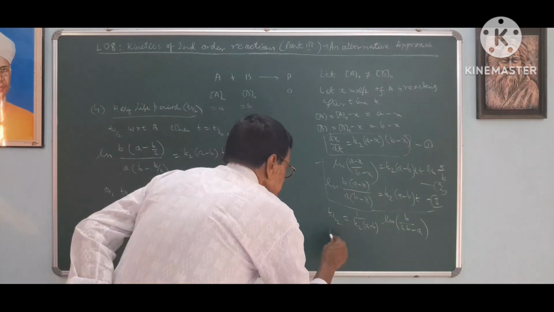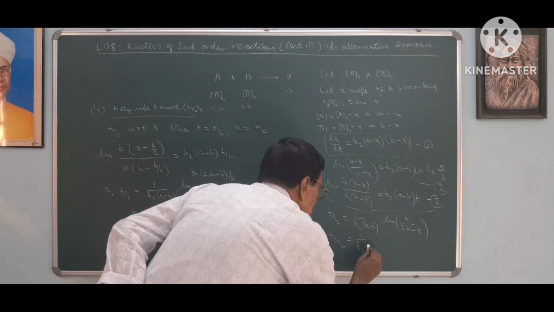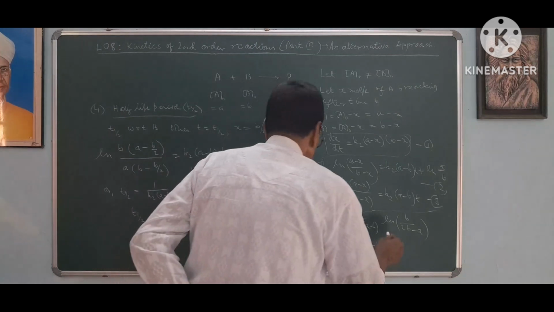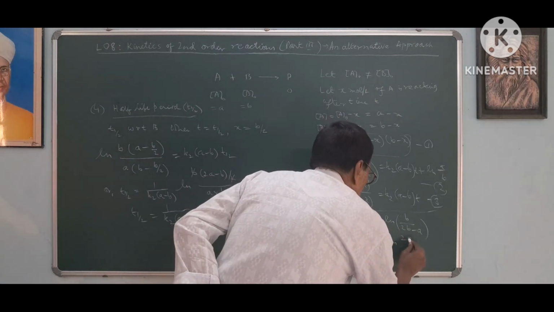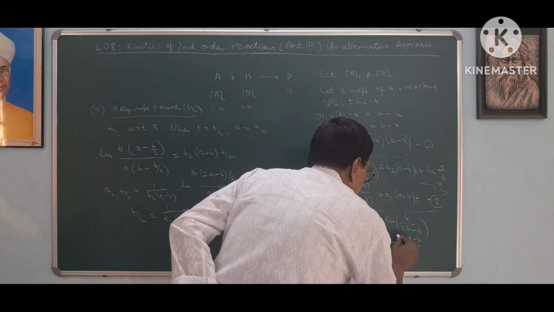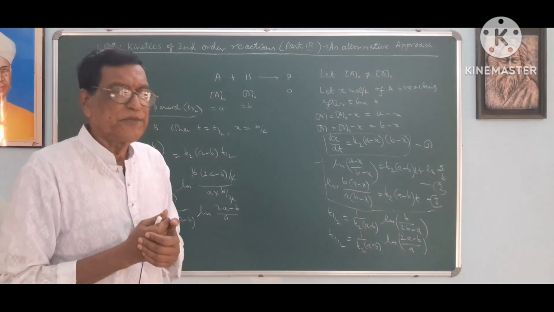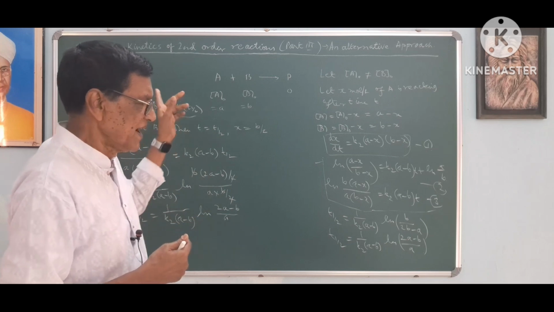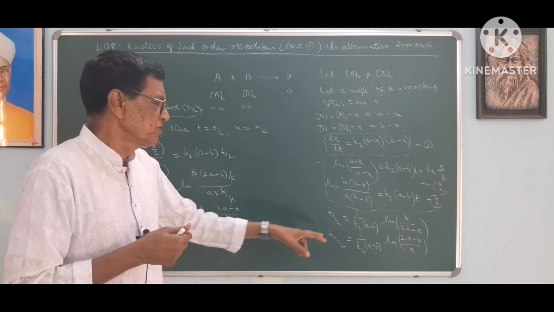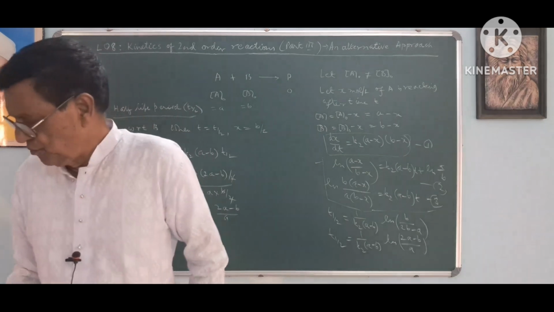So t half with respect to B equals 1 by K2 into A minus B into ln of 2A minus B divided by A. So since we know A and B, the initial concentrations of the reactants, and K2 is also known for this reaction, it is possible to calculate the half-life period with respect to either A or B.